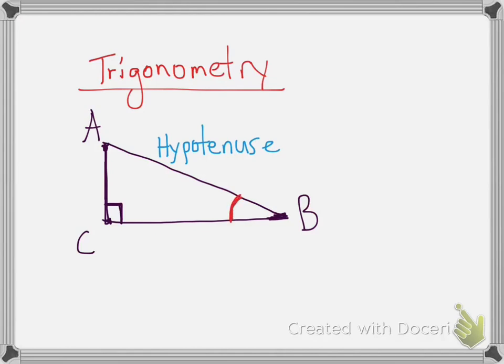We're going to imagine that we're standing on B. I think this is going to be common sense: the opposite side of B would be this one. Same idea, we draw an arrow out of the angle, it would hit that side. So that's the opposite side. I feel like that's kind of obvious. The only one that's going to be new that you maybe haven't heard before is adjacent.